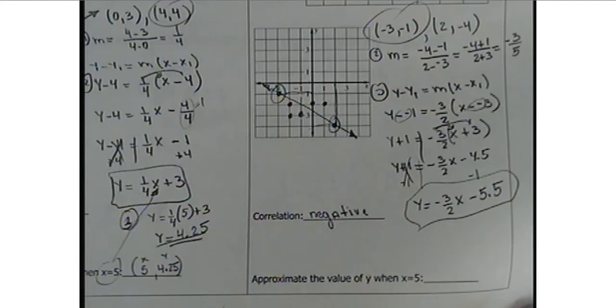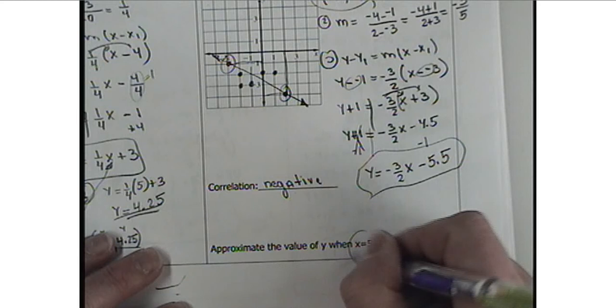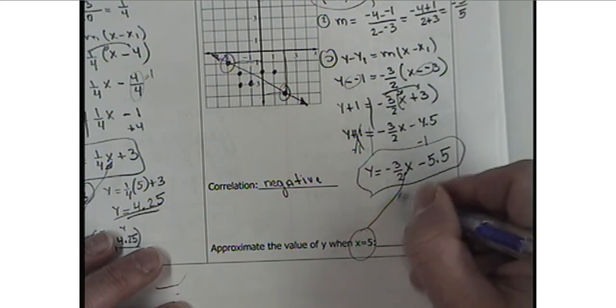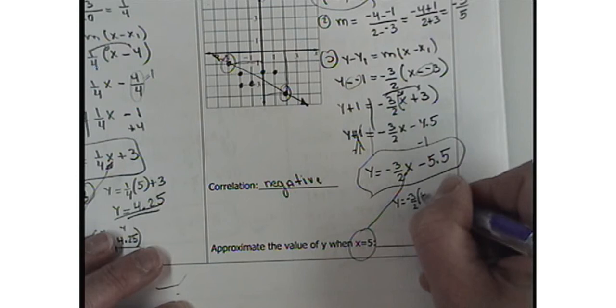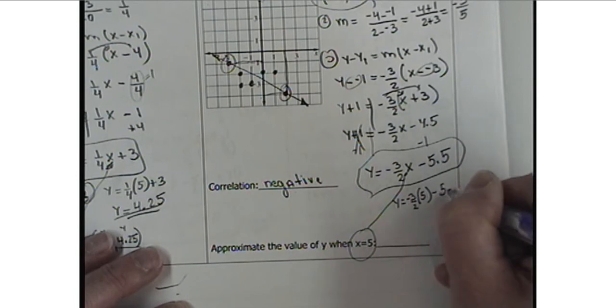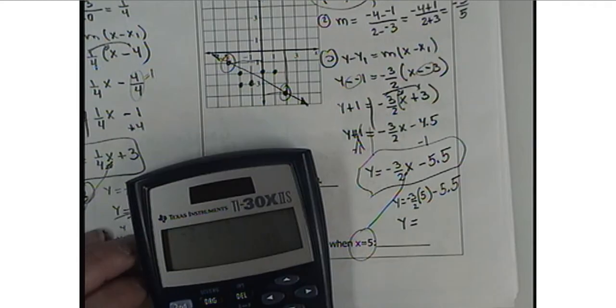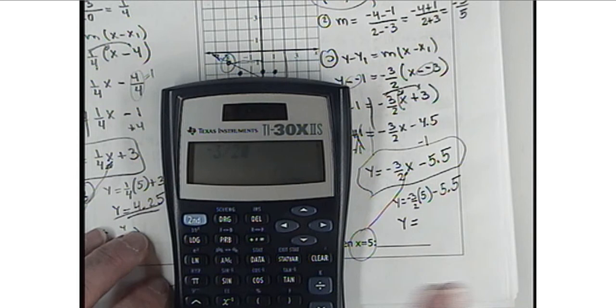We're asked to find the prediction point. So x is given to be 5. We're going to substitute x with 5 over here. So y equals -3 over 5 times 5 minus 2.8. On the calculator we type -3 divided by 5 times 5.